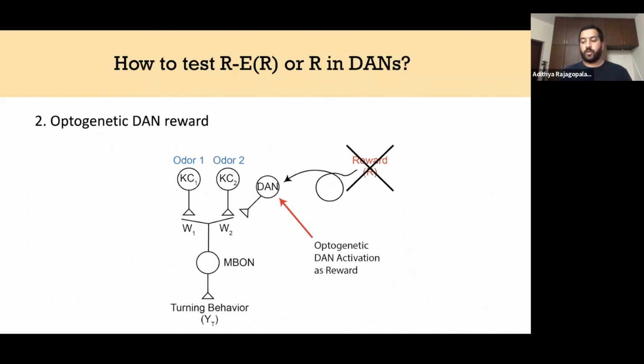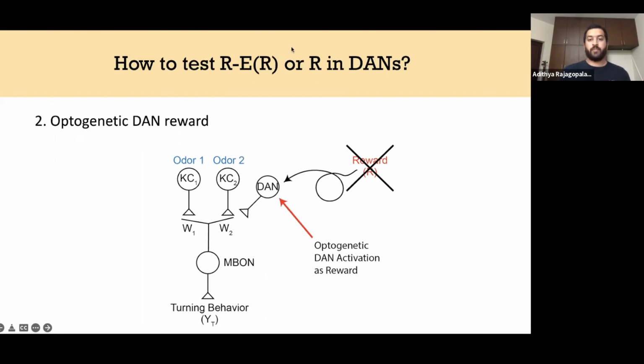But apart from doing these kinds of modeling tests, the next couple of experiments that we have in mind were to see if we could actually use the optogenetic tools available in Drosophila to bypass this kind of R minus ER signal. Since we have hints that there is an expected reward signal in the dopamine neurons, if, for example, we activated the dopamine neurons artificially as a reward, rather than activating the sensory neurons, we could potentially be overriding any calculation of an expected reward that's taking place.